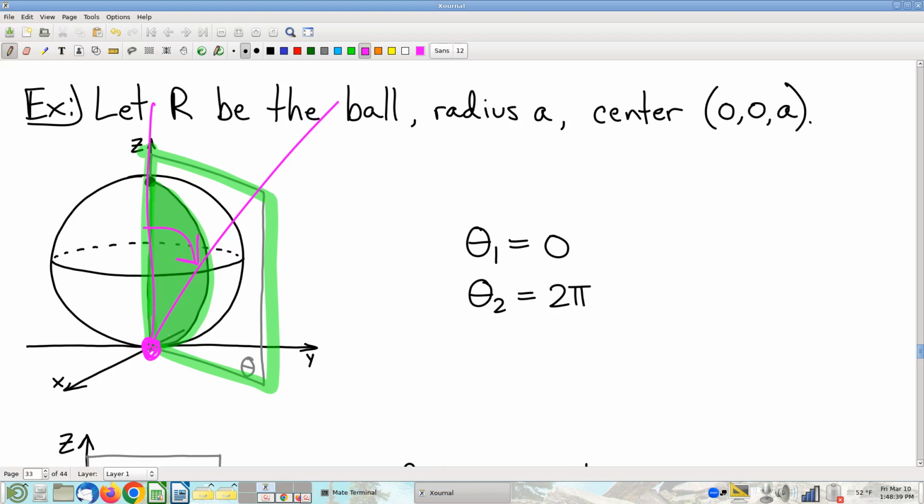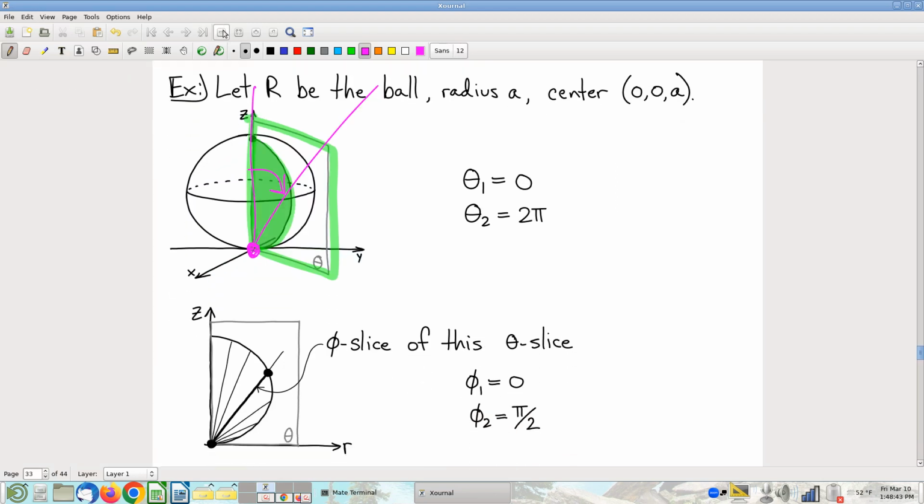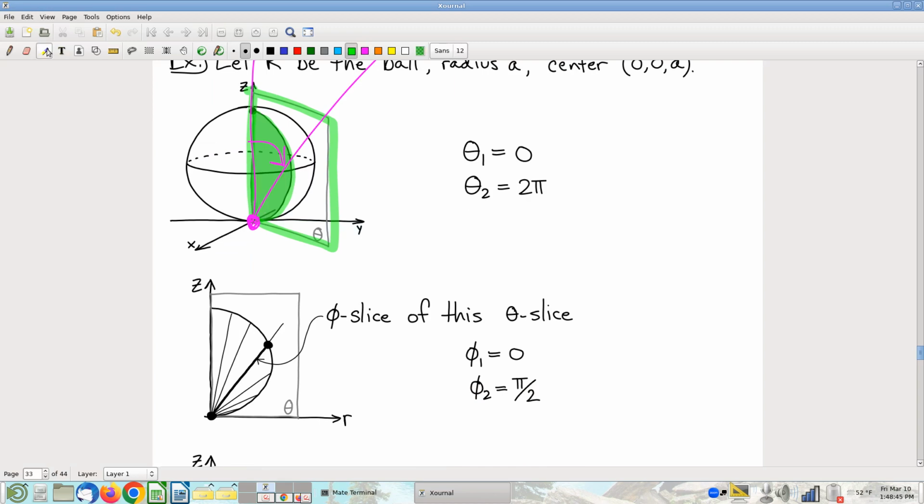So what I like to do here is to redraw that theta slice, looking straight at it. So here is the theta slice. This is what the actual cross section looks like. There we go.